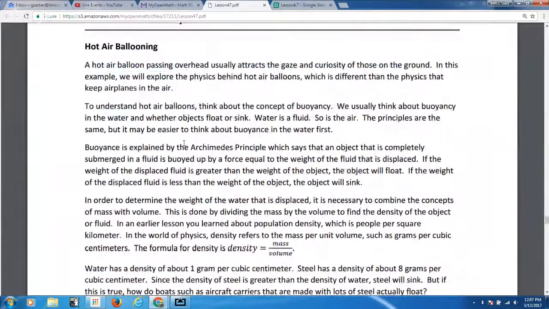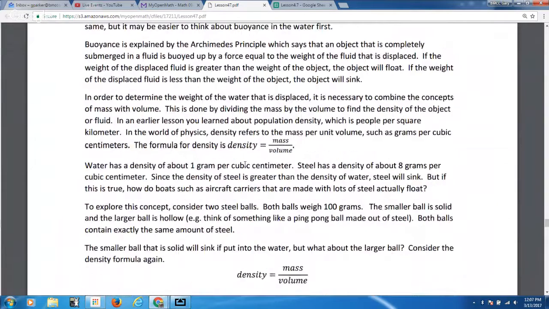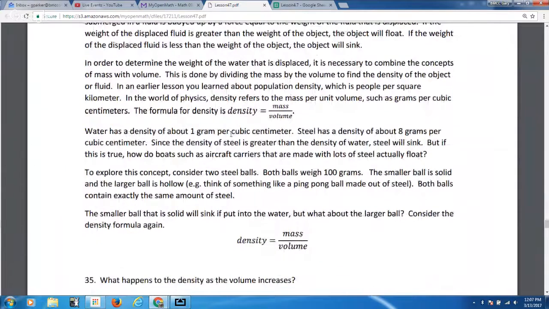Okay, so consider a hot air balloon. The air or gas we put into a balloon, if it's lighter than the air around it, will float. Similar thing happens with buoyancy in water. And so to figure that out, we need to consider the density of an object. Density is mass, how much material is crammed into a given volume.